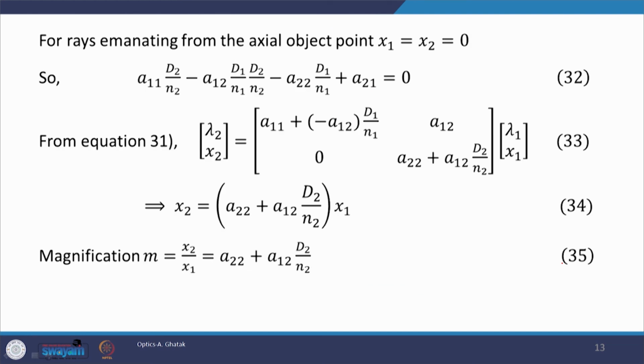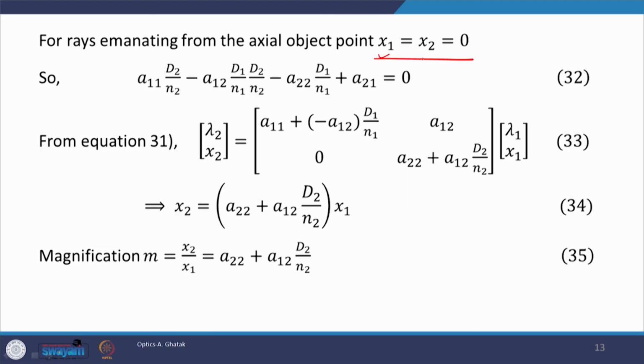As a boundary condition, we will again use this. Suppose the object is a point object and the image is also a point image, and they both are axially situated. They are an axial point object and an axial point image. If this is the case, then x1 and x2 would be equal to 0. Both x1 and x2 would be equal to 0.